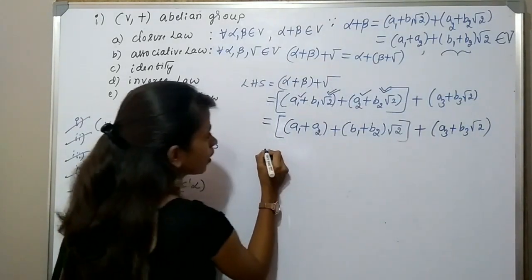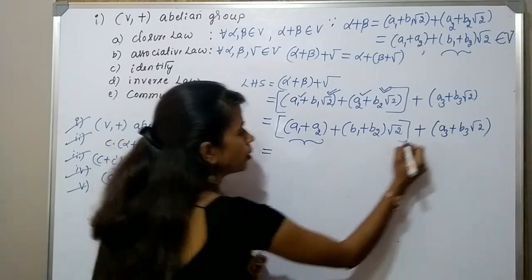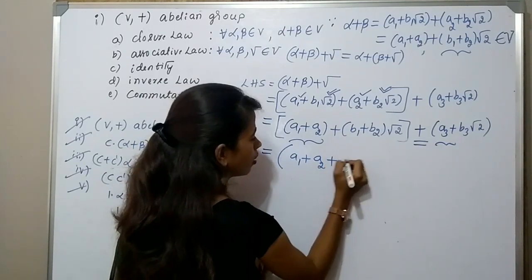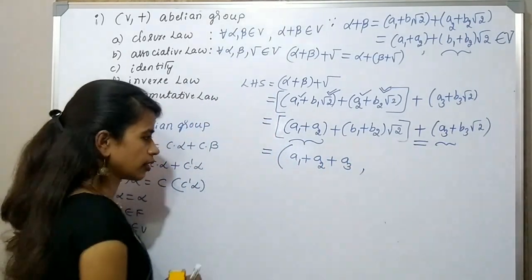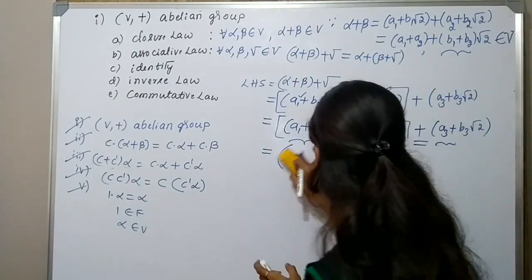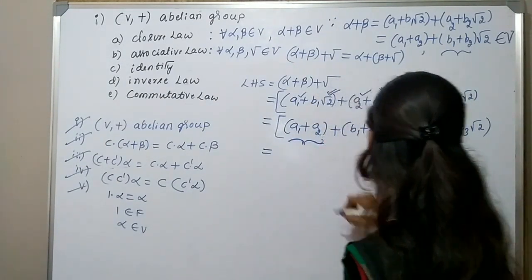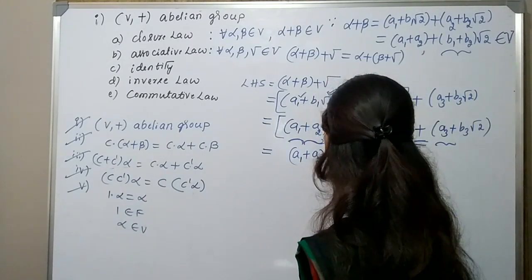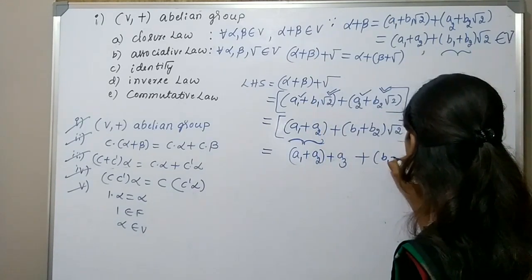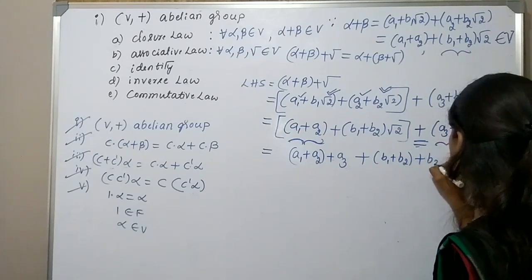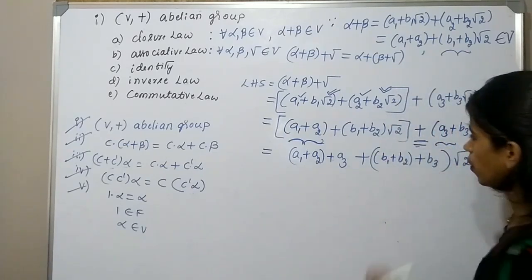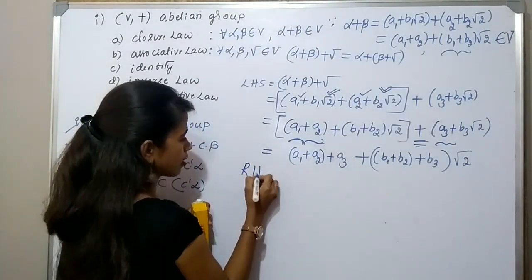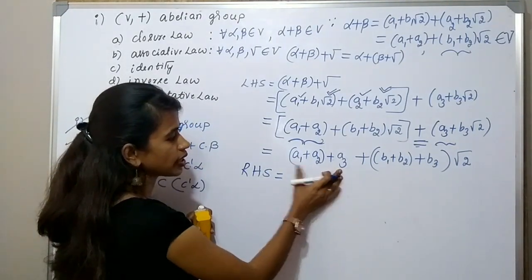So here, take A1 plus A2 plus A3 in the first coordinate. So we get A1 plus A2 plus A3. Next, B1 plus B2 plus B3 for that root 2. So you can write this as A1 plus A2 plus A3, B1 plus B2 plus B3 root 2.